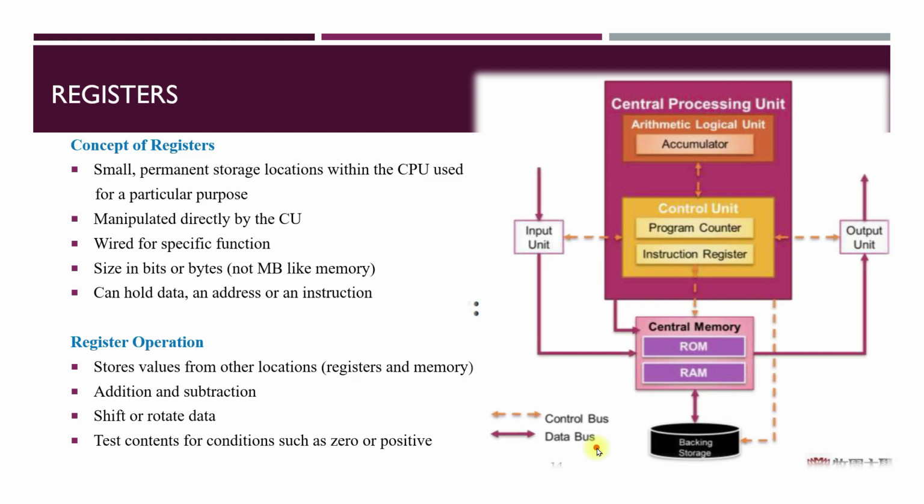Data bus is the set of wires which carries the data alone, and address bus is the set of wires which carries the address alone, and the control bus sends control signals which may enable or disable the different components inside the computer system.